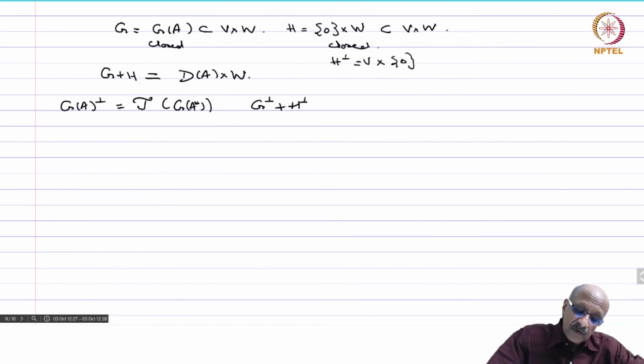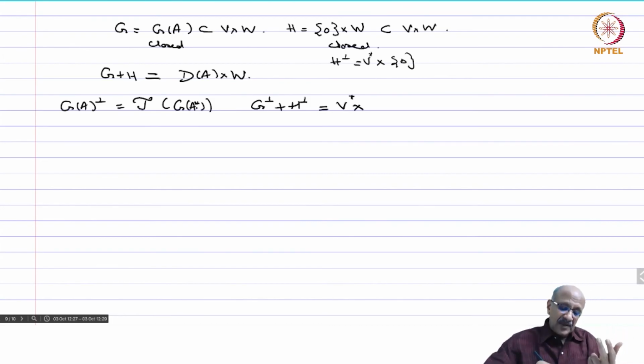So this will be V star cross 0. So if you add these two, you have V star in the first component and 0 in the second component, and in G(A star), the first component was the domain of A star, I have flipped it, and so in J, this will be the domain of A star.